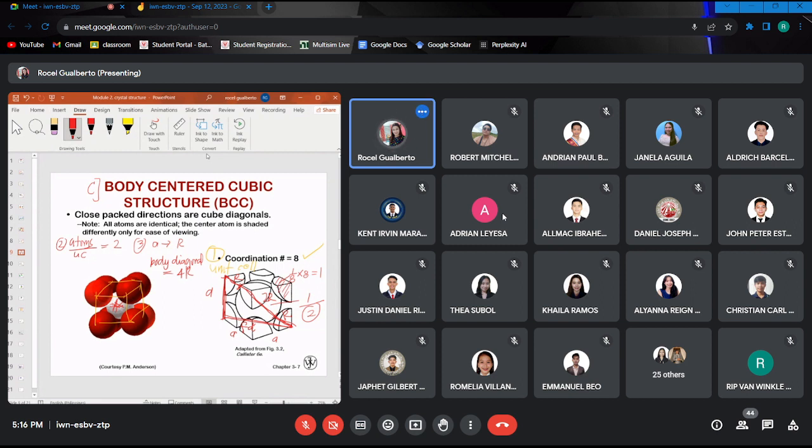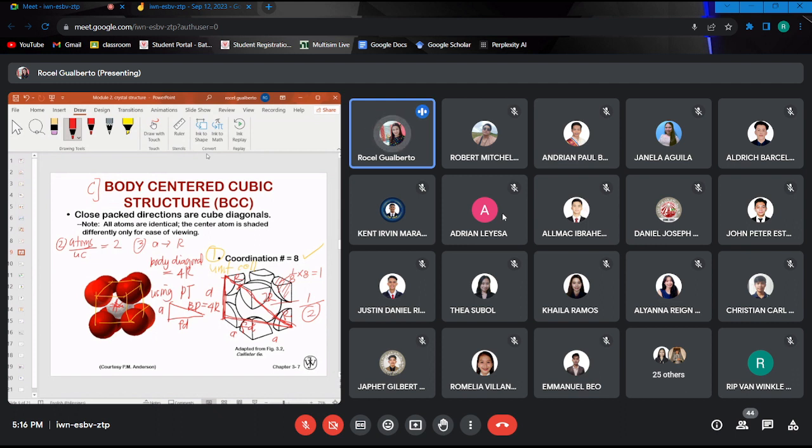Okay? So, looking at this, using Pythagorean theorem, okay, so we have here the triangle. Yan. Ari po yung body diagonal, ari yung face diagonal, ari po yung A. Okay? The body diagonal is equal to 4R. Yung face diagonal, ano nga po yung sagot natin kanina sa face diagonal?